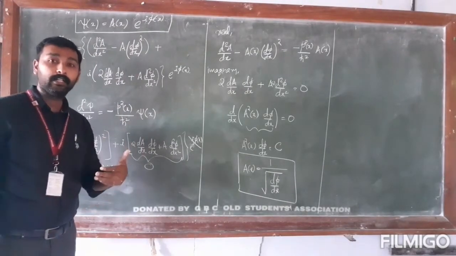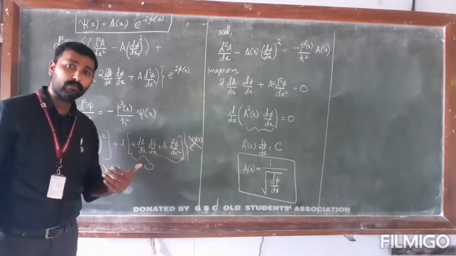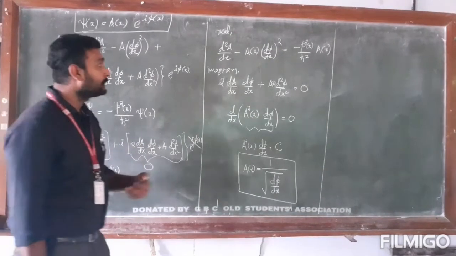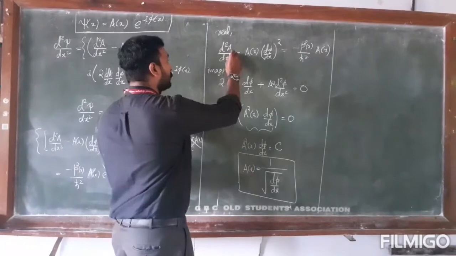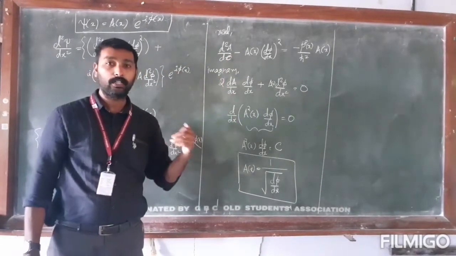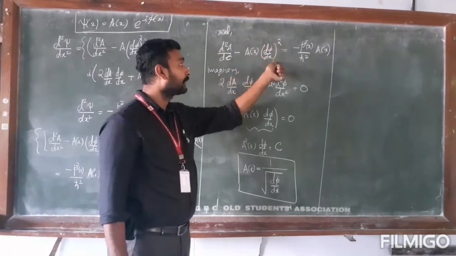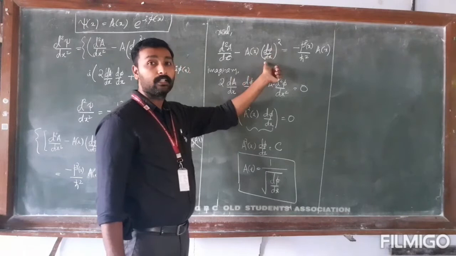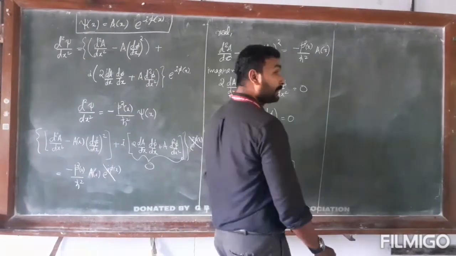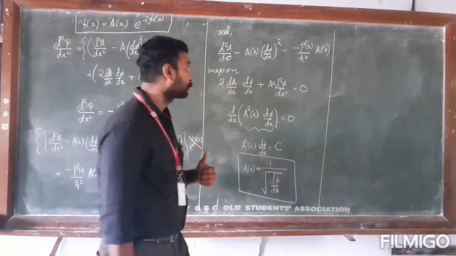So if it is slowly varying, then its first derivative must be very small and the second derivative must be even smaller. So d squared A by dx squared must be a very small quantity, or in other words, the second derivative of the amplitude must be negligible compared to the second term. Okay, so that is an approximation that comes from the WKB approximation.